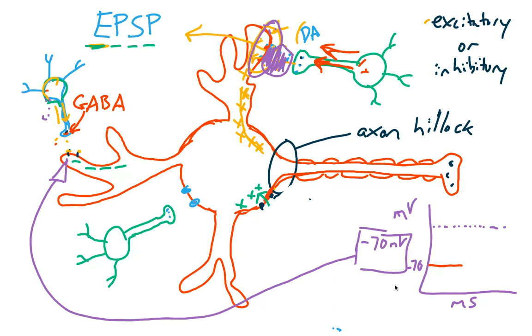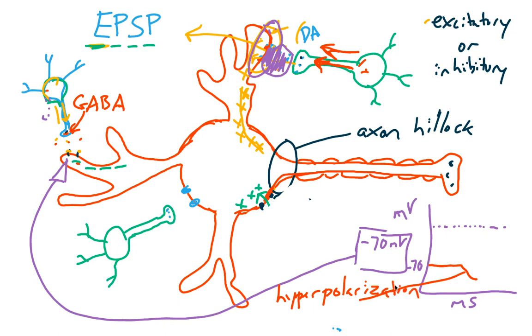When GABA is released and you have the influx now of a negative ion, or rather this membrane becomes more negative, rather than going towards threshold, it starts to tuck away from threshold. And so rather than it being a depolarization as we saw before, this is what we call a hyperpolarization.